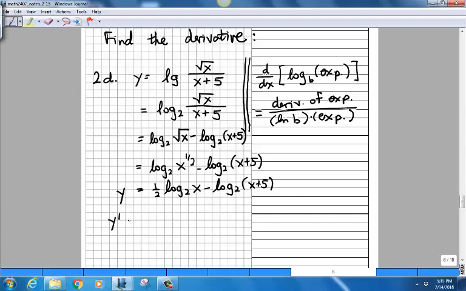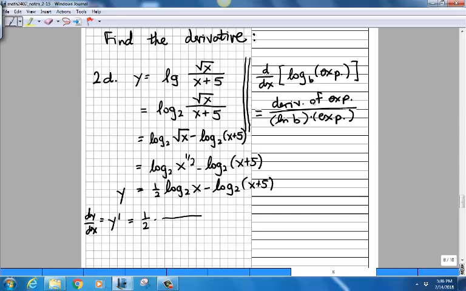All right, so to calculate the derivative of this function, to calculate y prime, or of course we could write that as dy over dx, let's take this term by term, and first let's start by finding the derivative of log base 2 of x. Of course, we have this coefficient of 1/2 here, so that's going to stay. And now, according to this rule, what is the derivative of log base 2 of x?